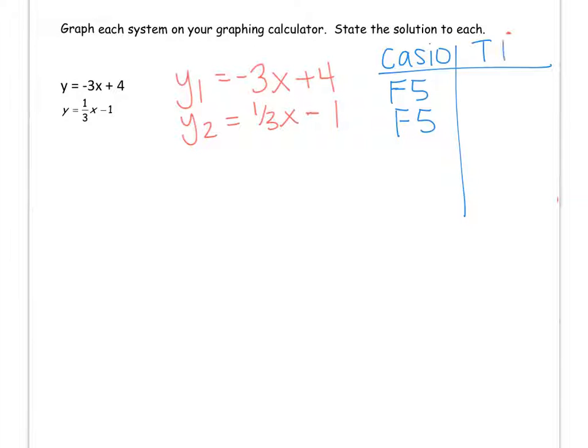On the TI, 83 or 84, you will see where they cross, and then you'll type second and trace to get into the calculate menu. You'll choose number 5, which is intersection, and then you have to hit enter 3 times because you have to answer 3 questions.